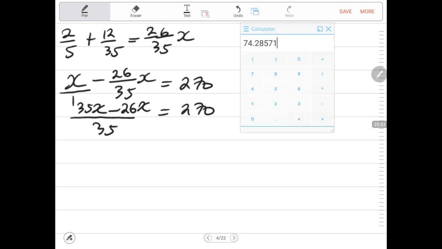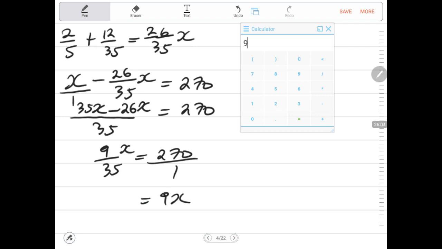So now we say 35 minus 26, this is 9 over 35 x equals 270. This is divided by 1. We cross multiply: 9 times 1, it will give us 9x. 35 times 270, meaning 270 by 35, it gives us 9,450.